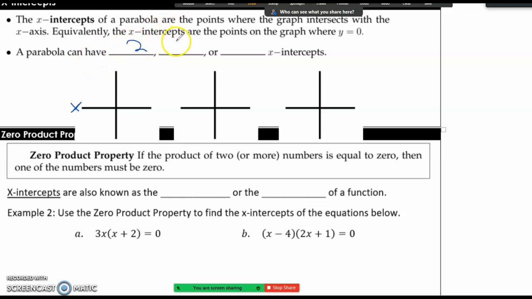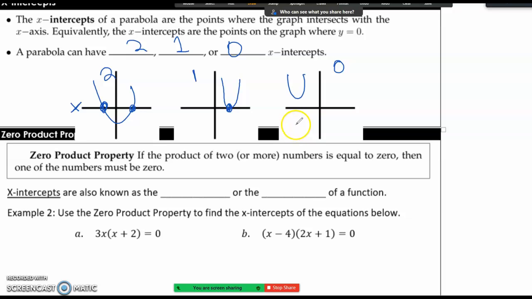A parabola can have 2, 1, or 0 x-intercepts. If it has 2, it's going to cross the x-axis twice. If it has 1, it's going to cross the x-axis once. If it has none, it's not going to cross the x-axis.